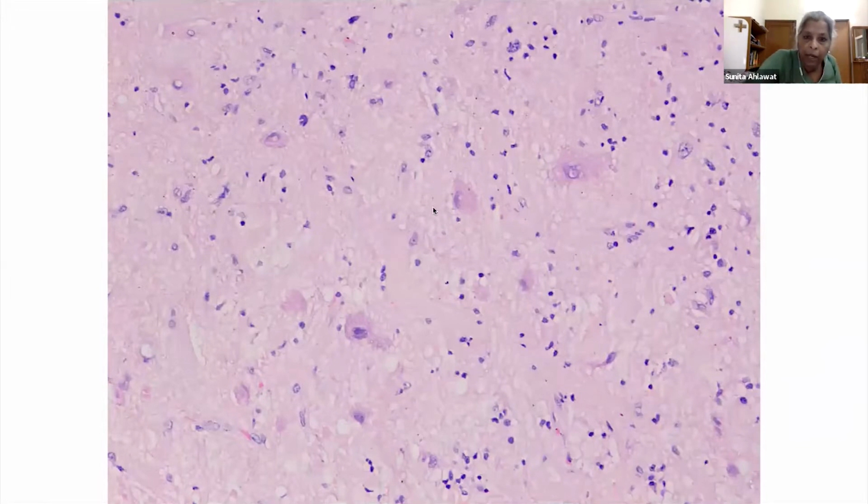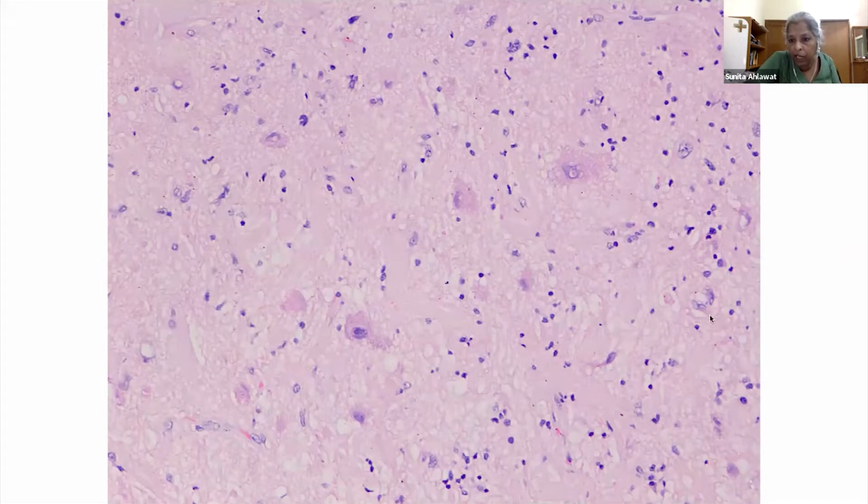You see these are the neurons. When you see neurons like this, you should make an attempt to look for multinucleated and binucleated forms. So here there is a binucleated form, another binucleated form.